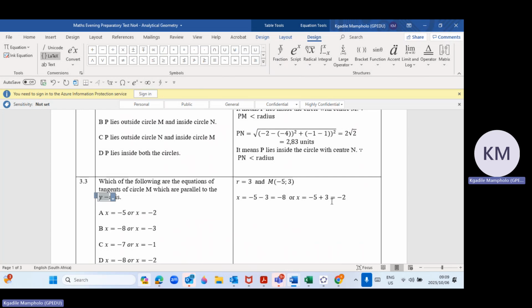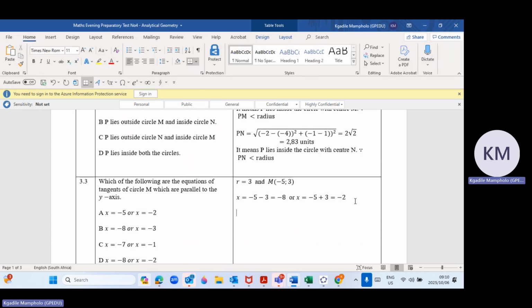It means the equation of the vertical tangent on the left side of circle M will be x equals -8, and the equation of the vertical tangent on the right of circle M will be x equals -2. So the answer here, when we simplify, is x equals -8, and the other one is x equals -2.